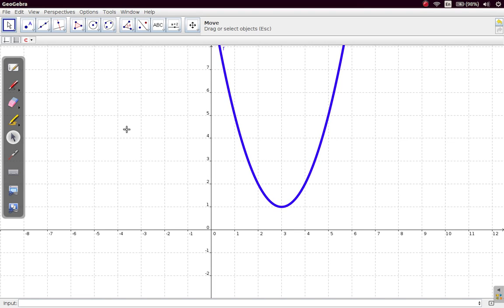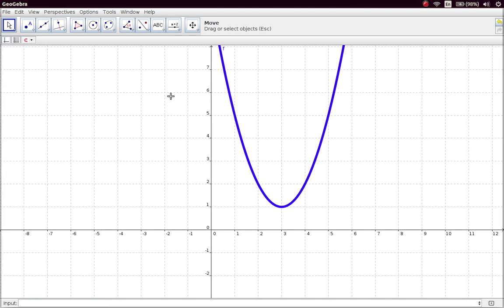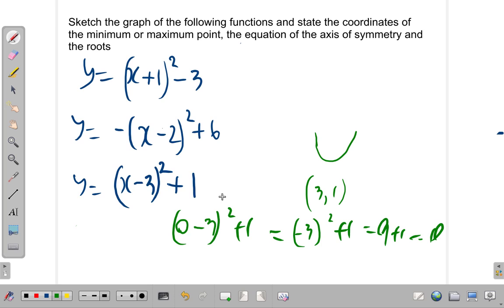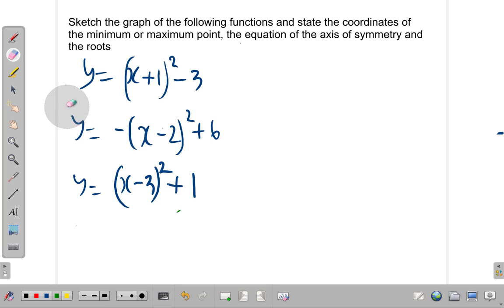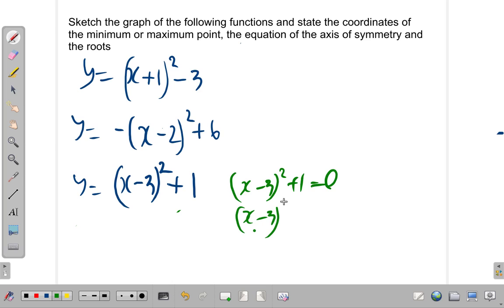Alright, so if you should try to solve this equation, you would not get an answer. It would be indeterminate, and we can try it out. Let's try it. If we say x minus 3 squared plus 1 equals 0 at the x-axis, we have x minus 3 all squared equal negative 1.